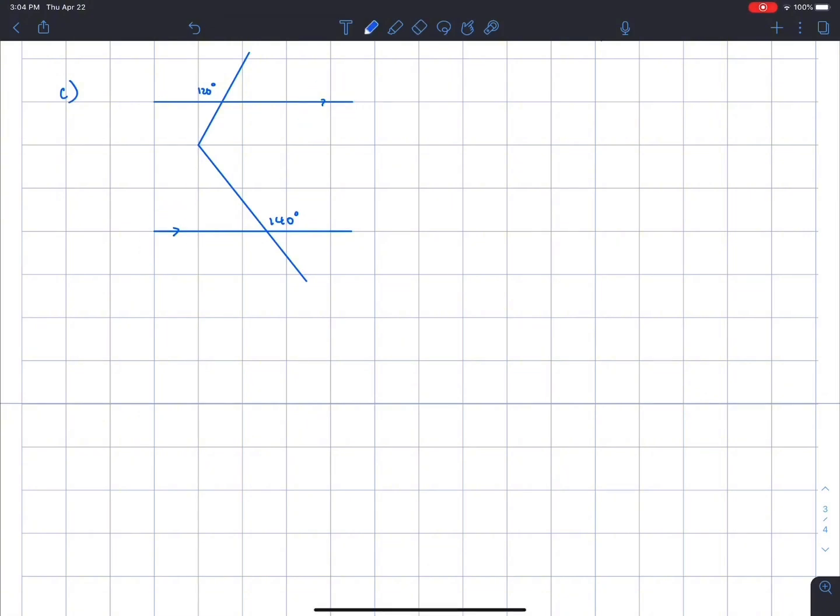So what we need to do is add an extra parallel line. So I'm going to add it here. Now I will be able to use, because we are trying to find angle 1, I'm just going to call this A and B. And angle 1 equals A plus B.